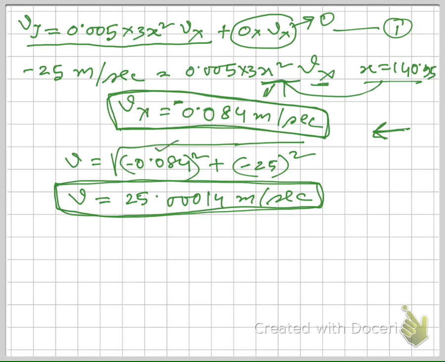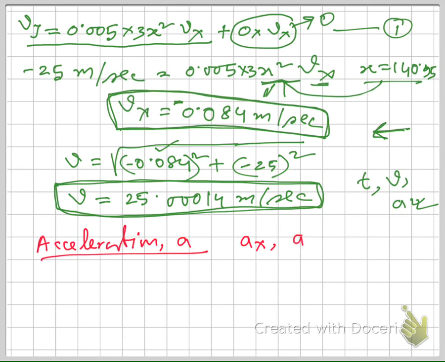Now we have solved for t, time, and velocity. We are left with the acceleration, so let's work on acceleration A. To find acceleration we have to solve two components, ax and ay.